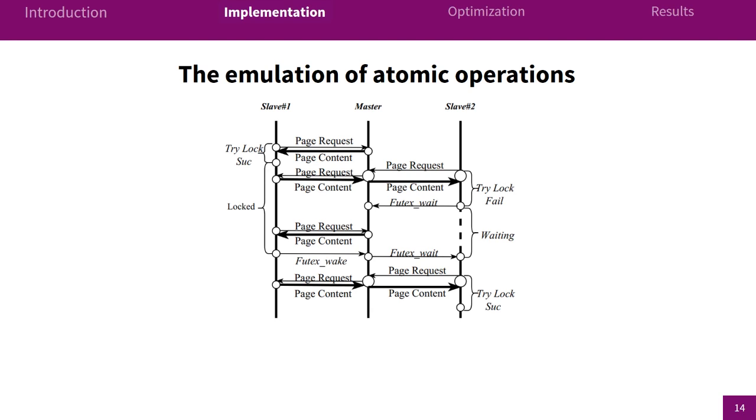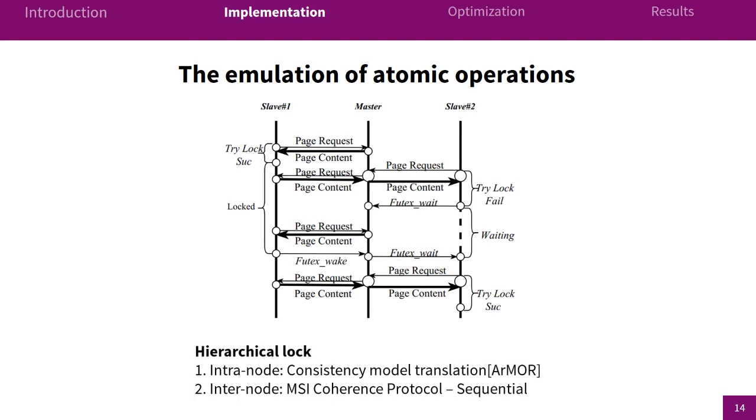Take locks as an example. We implemented a hierarchical lock. If there are multiple threads inside one node emulating atomic operations, we obey the consistency model introduced by ARMOR, and when there are inter-node conflicts, we still use the MSI coherence protocol since it provides sequential consistency.